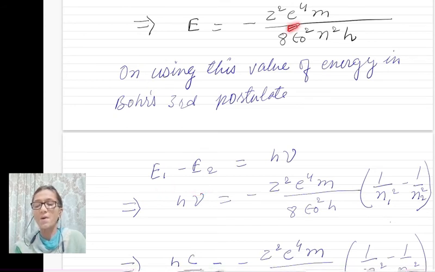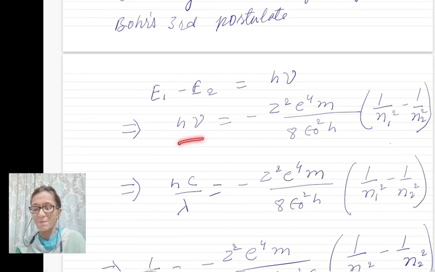Z is common, charge on an electron is common, mass of an electron is common. So I have taken all the common things outside and keeping the squares of n1 and n2 inside. So this is your h nu is equal to minus Z squared e power 4 m divided by 8 epsilon naught square h square into 1 by n1 square minus 1 by n2 square.